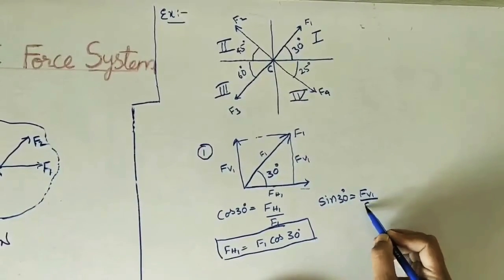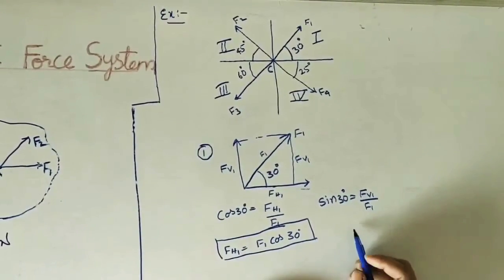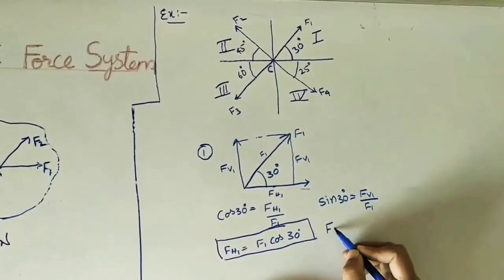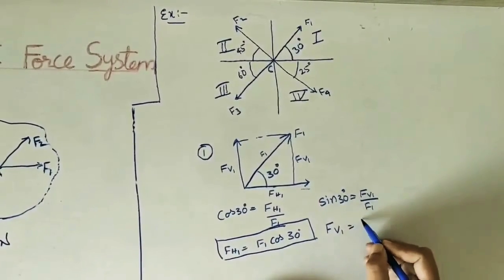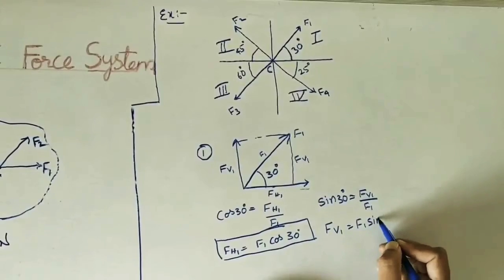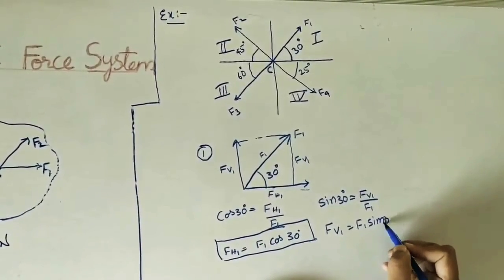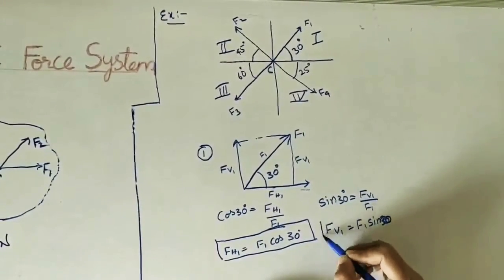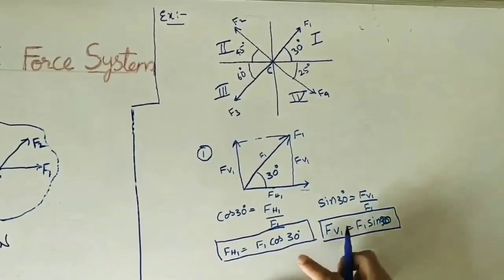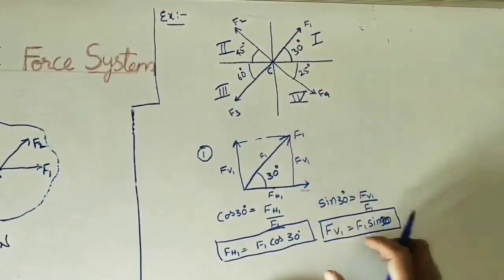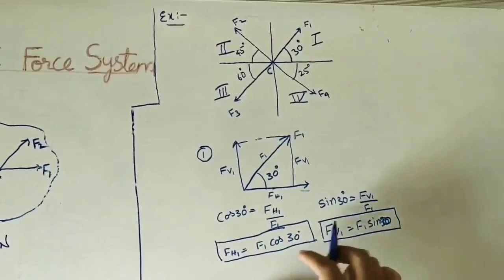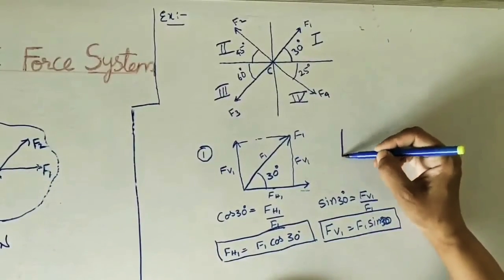Now here we take the FV1 value is equal to F1 into sin 30. Okay. Now here there are two components for this force, horizontal and vertical. Now how to do this diagram? By taking these two components.